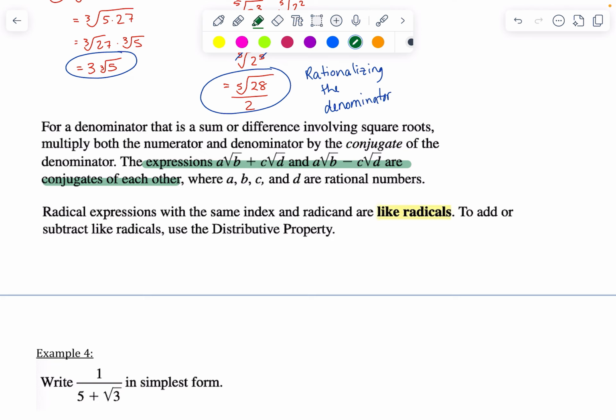You would use this method to rationalize the denominator when you have more than one term in the denominator.